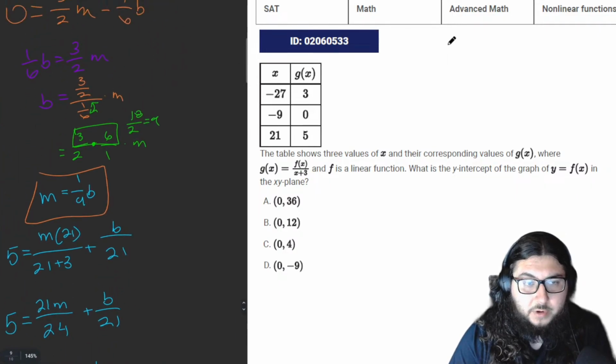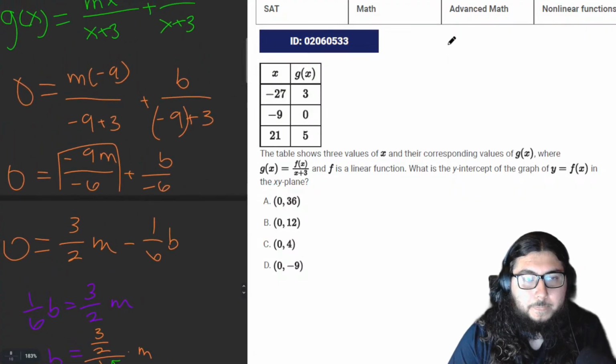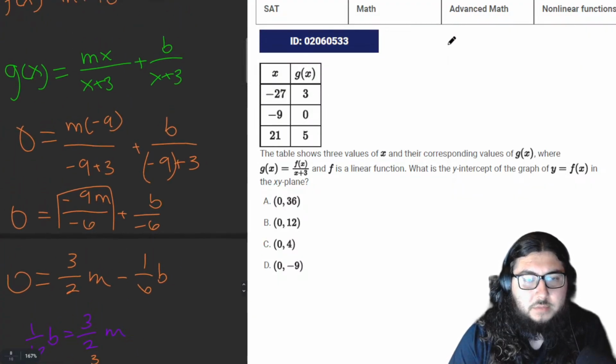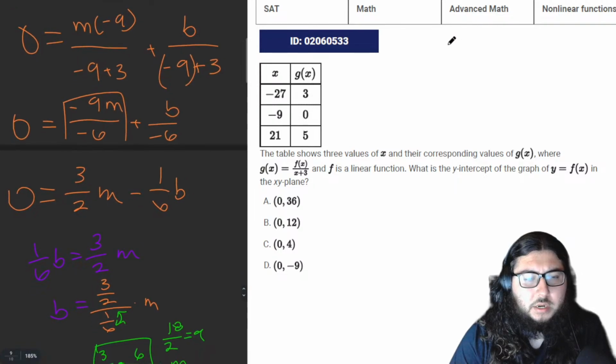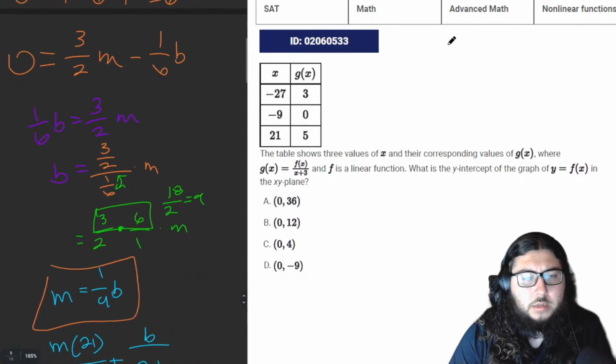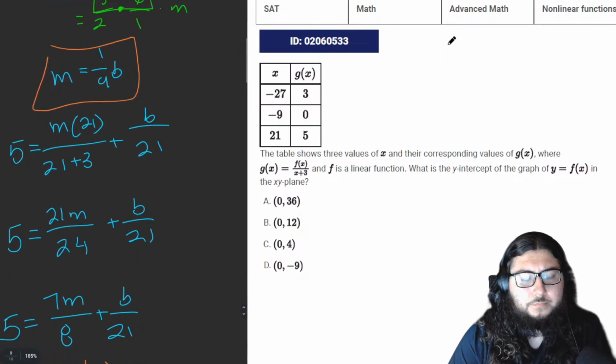And did we calculate our value for... Let's double check this math right here. So m times -9, -9 plus 3b, that is in fact -6, and -9 is 3 over 2m minus 1 over 6b, 1 over 6b, 6, 18, 9, 9m. Yeah, yep. That looks good.